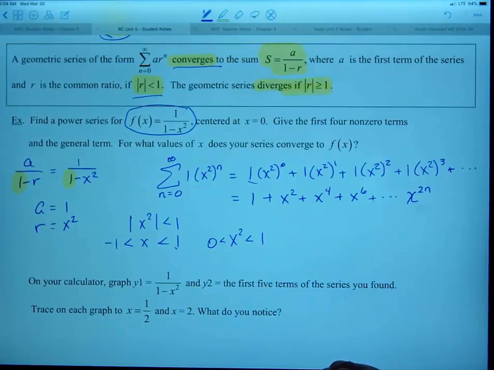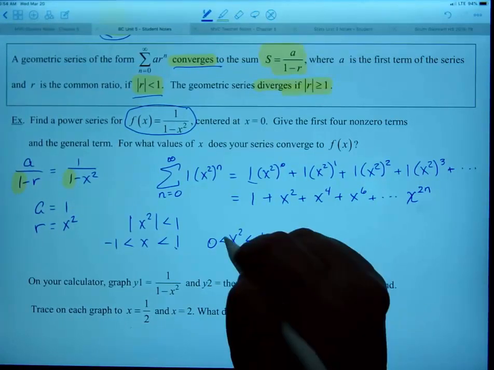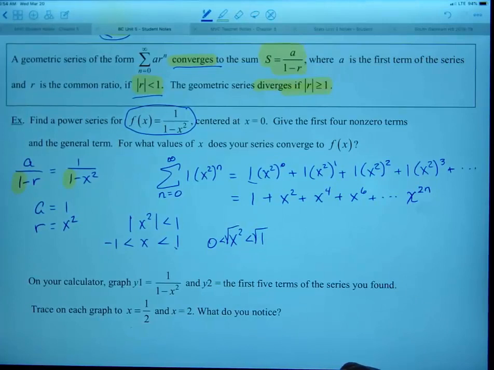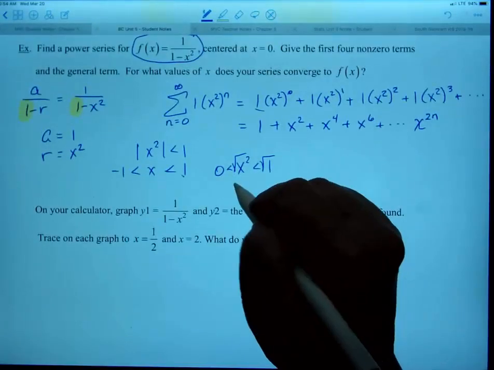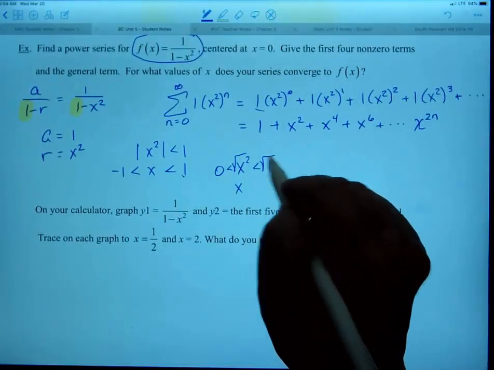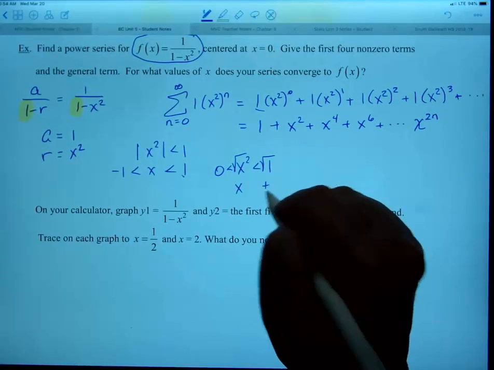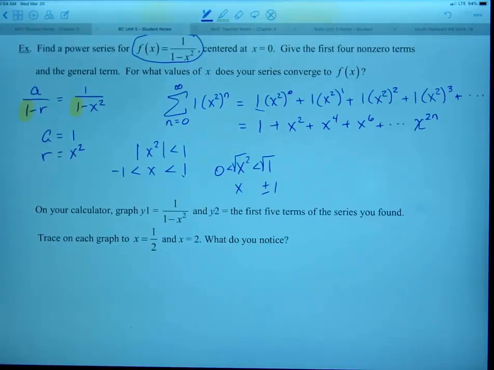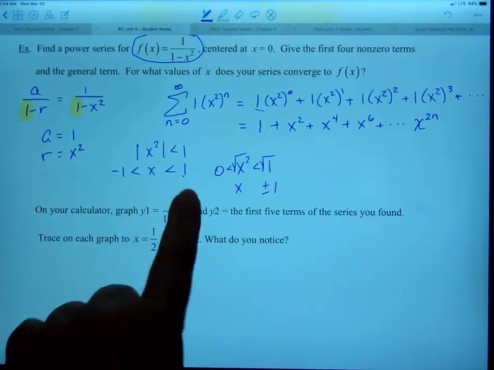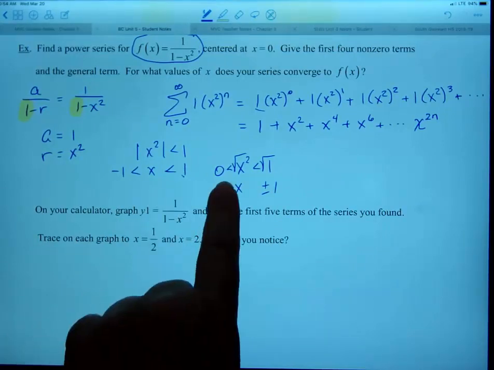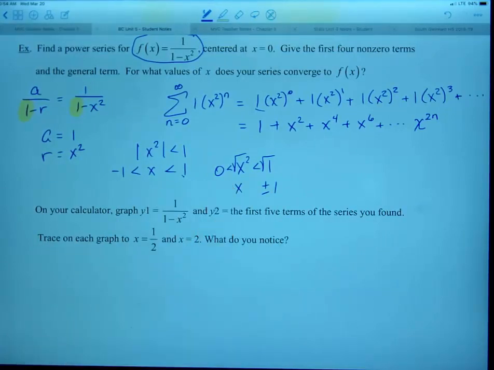Does that make sense? Okay. If you take the square root of both sides, however, what is the square root of 1? It's plus or minus 1. That's why it goes back to negative 1 to 1, even though this says 0 to 1. Okay? Does that feel better? Yeah. Okay.